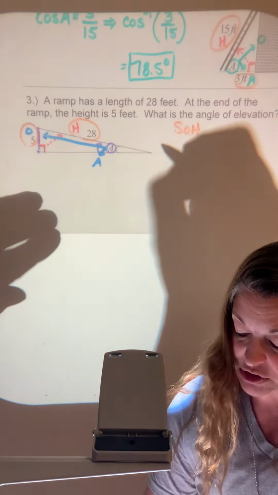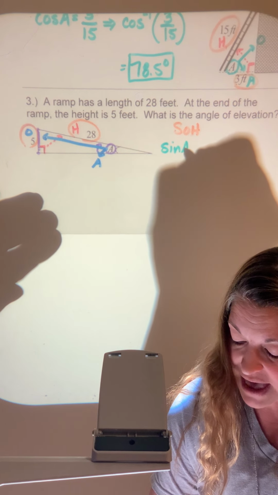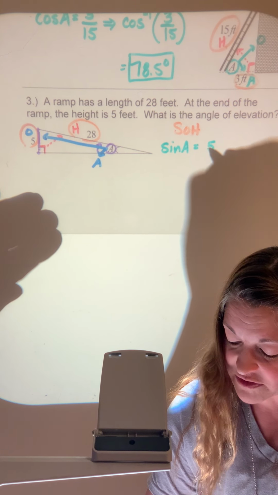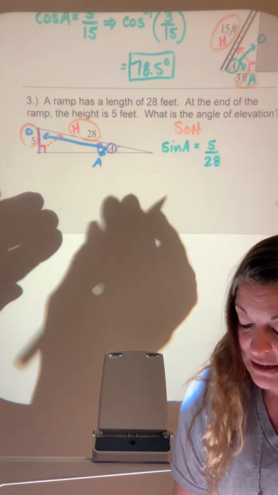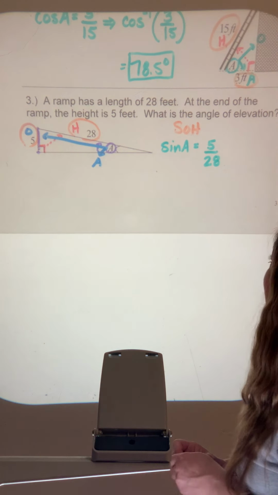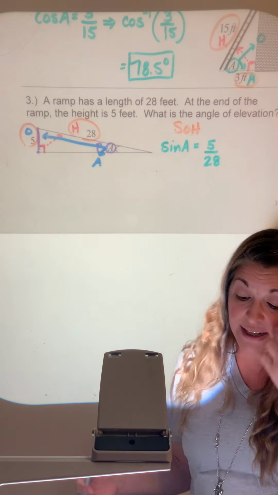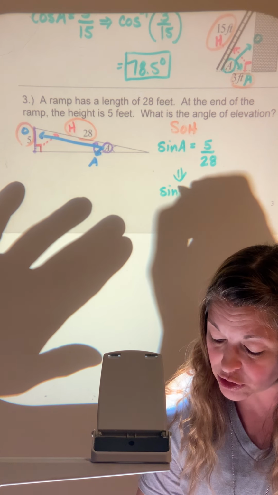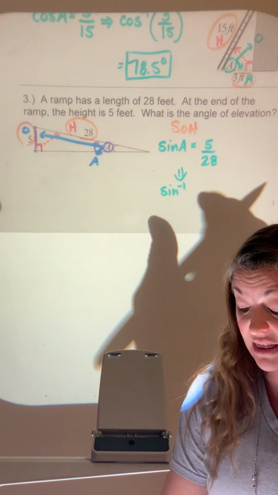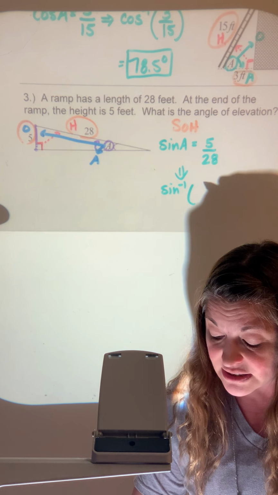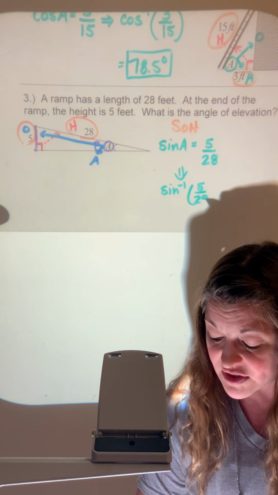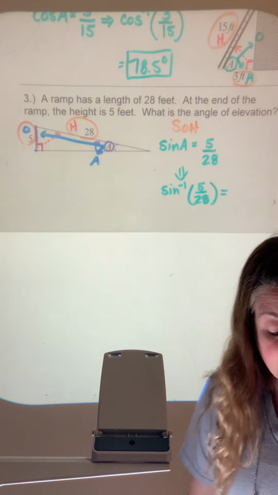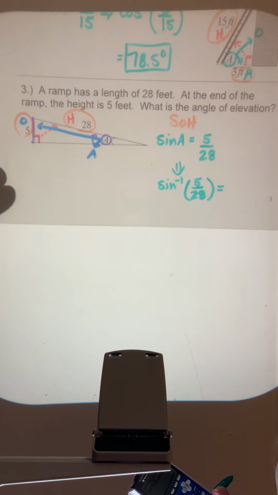So that means we're going to use the sine of A equal to 5 over 28. Again, because we're looking for the angle and not one of the side lengths, we're going to use the inverse. The inverse allows us to reverse what we put in the calculator. It allows us to type in the ratio of the sides to then get the angle out.